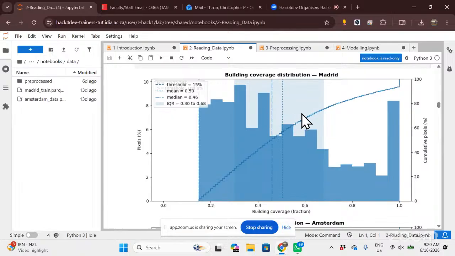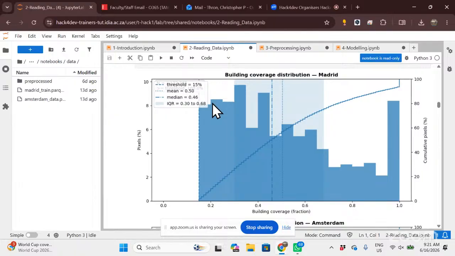All right, suppose I have a pixel in this category at 1. What does that mean about the buildings in that pixel? It means that pixel is entirely covered with buildings. Now, one down here means only 20% of the pixel is covered with buildings.